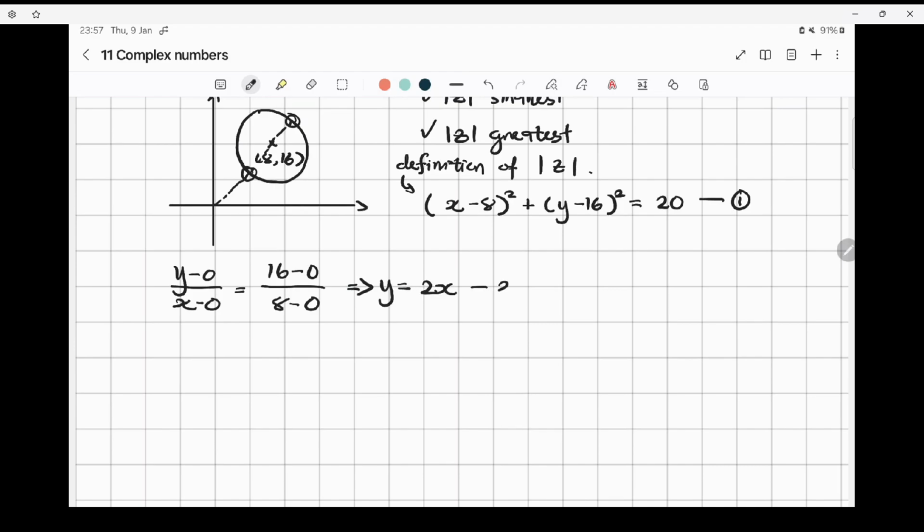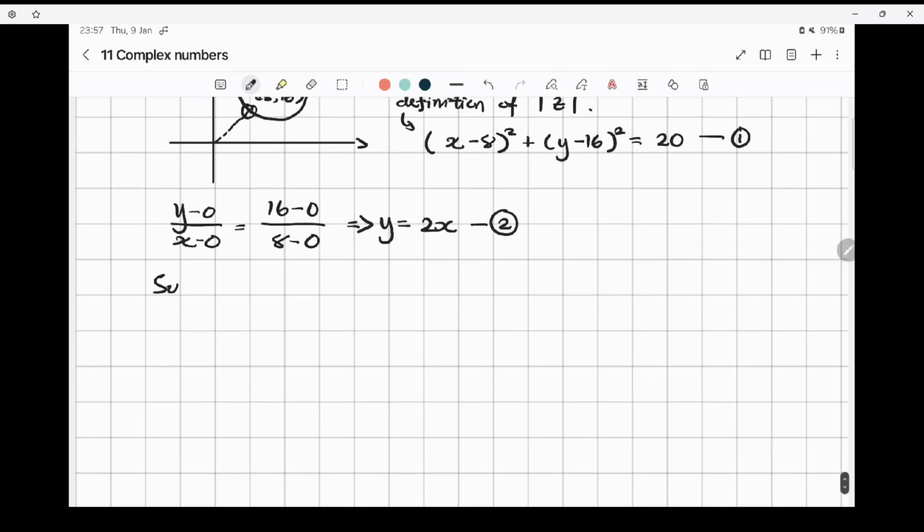So this will be our second equation. Substitute 2 into 1. So what you would get is x minus 8 squared plus 2x minus 16 squared equals 20.